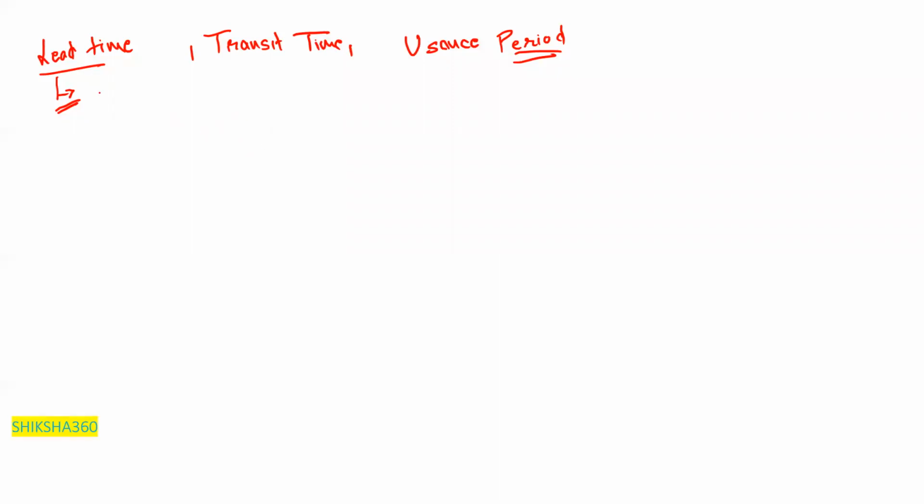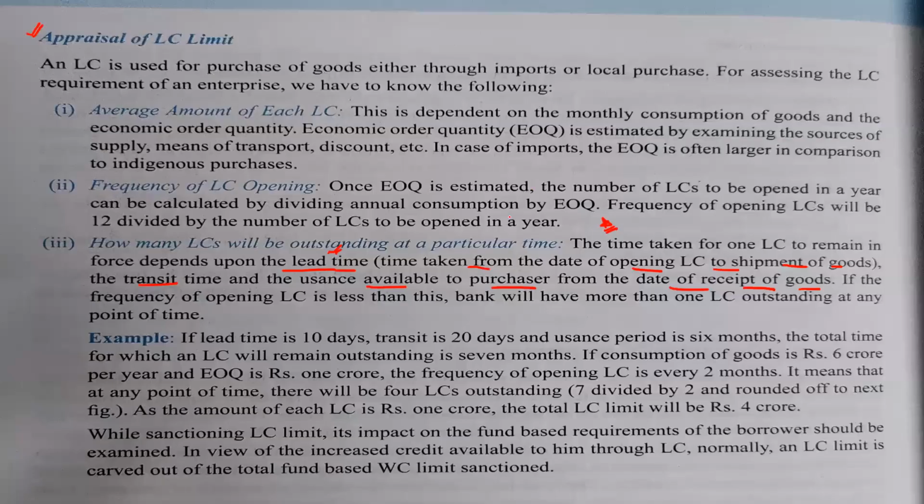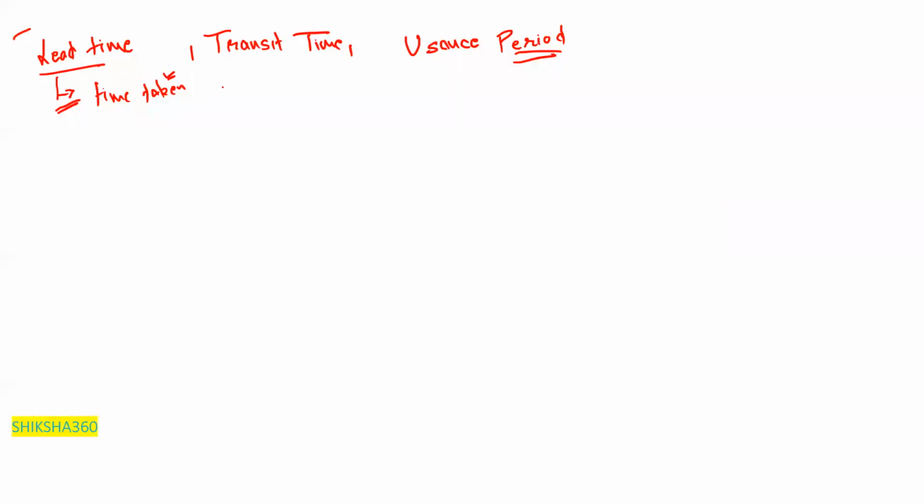Lead time is the time taken. Like you are giving your order, from the opening of the LC to the shipment of goods, that is the time taken from order placement to the shipment of the order.